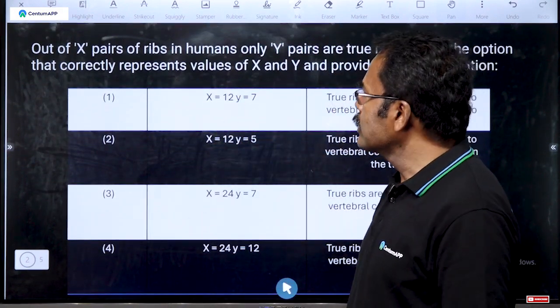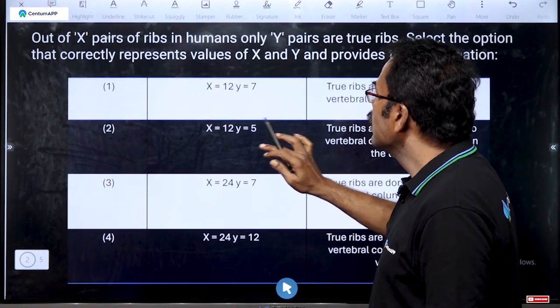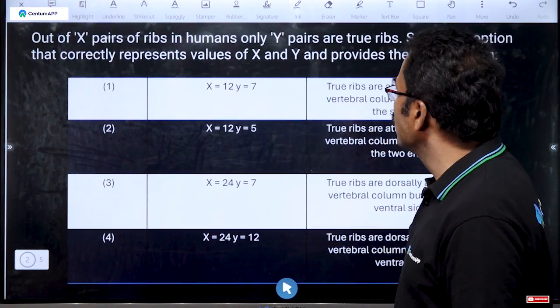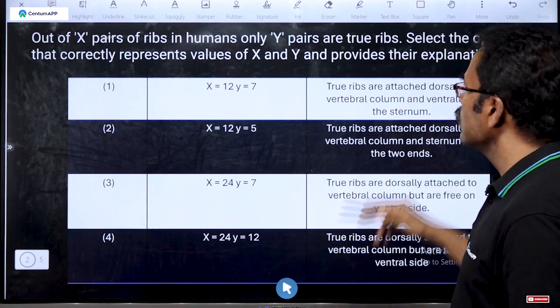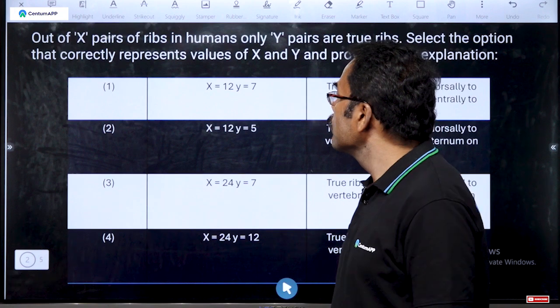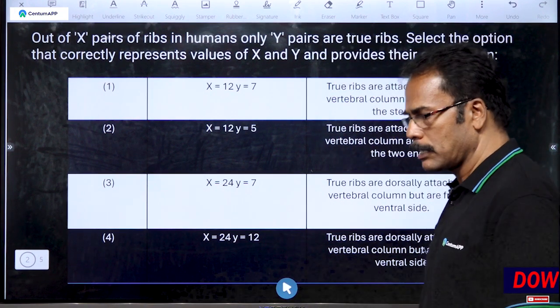The next question: out of X pairs of ribs, in humans only Y pairs are true ribs. Select the option that correctly represents values of X and Y and provides their explanation.